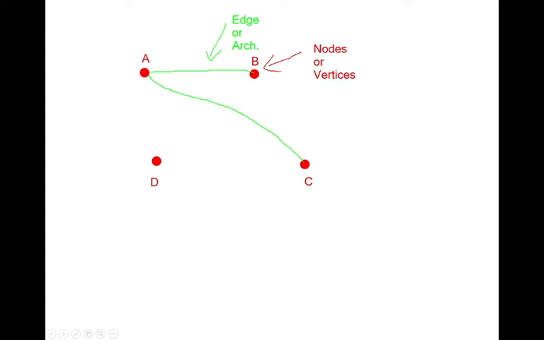It means through this edge you can go from A to B, and from B to A you can come back as well. But if I put a direction on it, now this is a directed edge. It means that using this edge we can go from A to B, but we cannot come back from B to A. Once I have put directions, this graph is now a directed graph. If there were no directions on the edges, we would have called it an undirected graph.